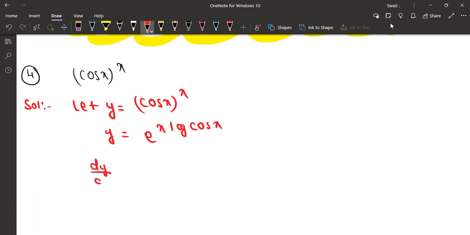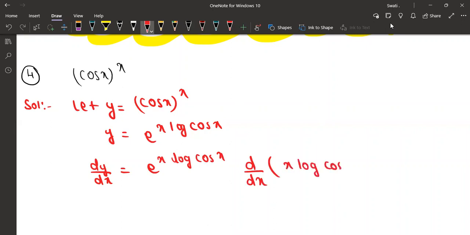So for the derivative, that means dy/dx, keeping the exponential function as it is, e raised to x log cos x. And then by chain rule, we will do the derivative of this function, that is x log cos x. Now, this we can write as the back step, that is cos x raised to x.